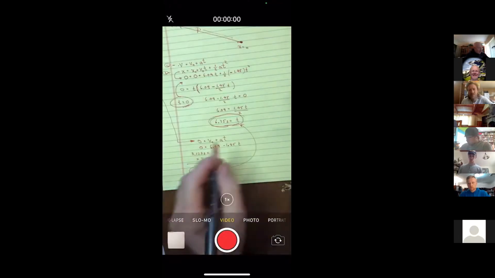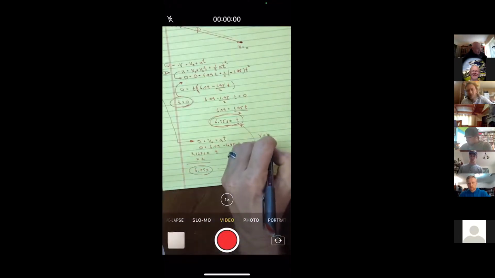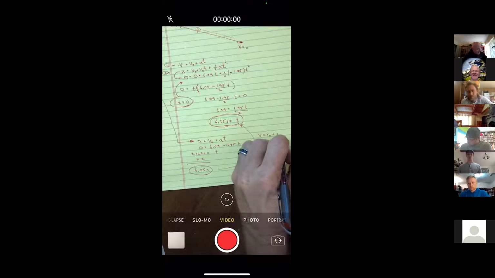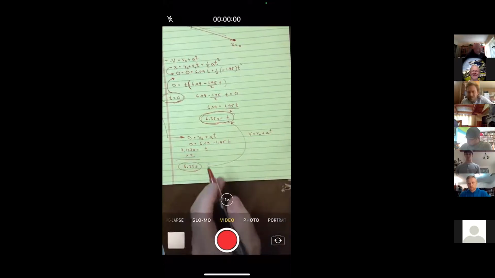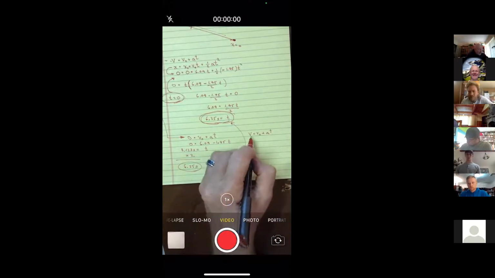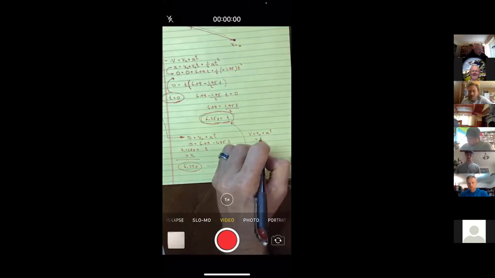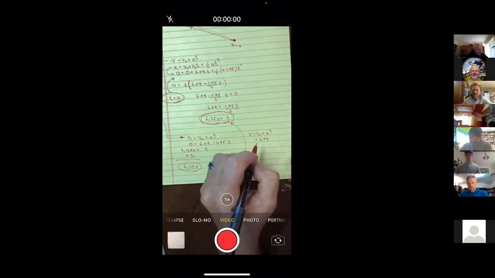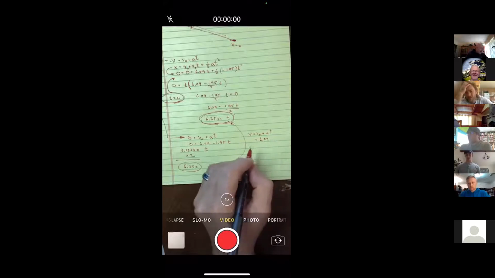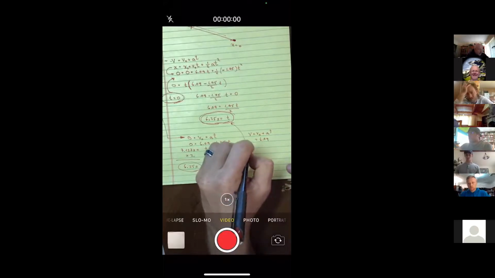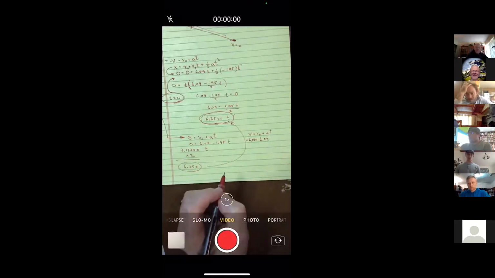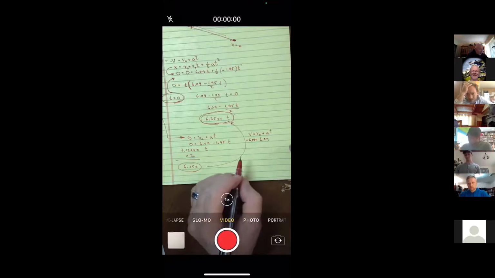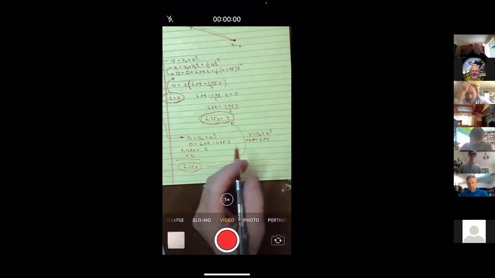So I could do this. I could start with equation number 1 and say that, okay, we're starting with a speed of 6.09. I want to know when it gets back. And so when does it have a speed of negative 6.09? Because negative 6.09 is when it got back to where it started.